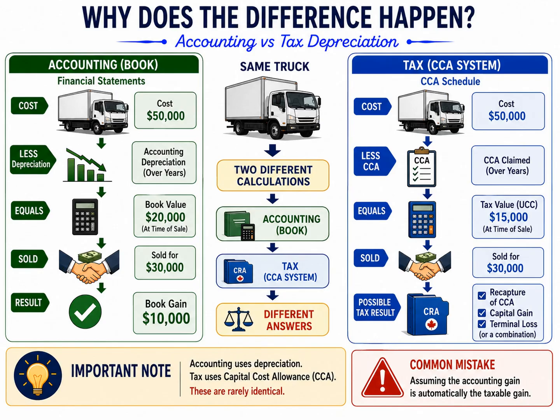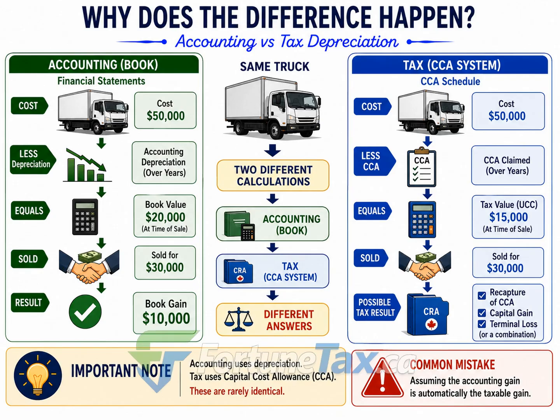However, the tax system does not use accounting depreciation. Instead, the CRA uses a completely different system called Capital Cost Allowance, or CCA. Under this system, the truck belongs to a CCA class, and its remaining tax value, known as the undepreciated capital cost, or UCC, may be different from the accounting book value.